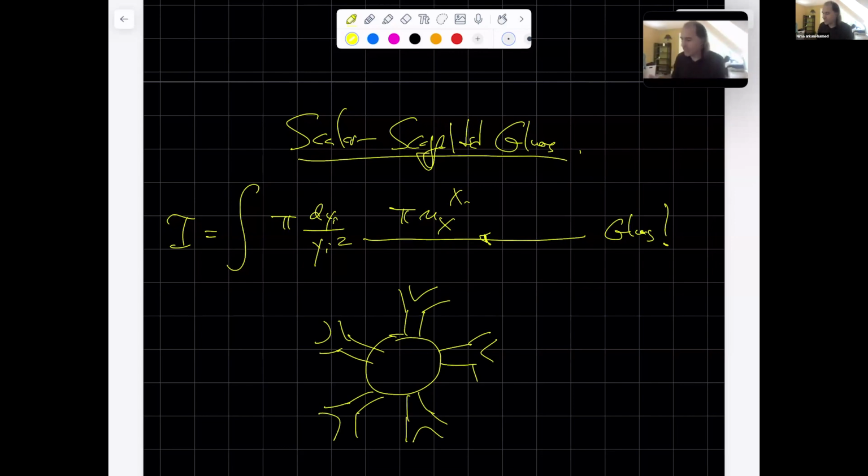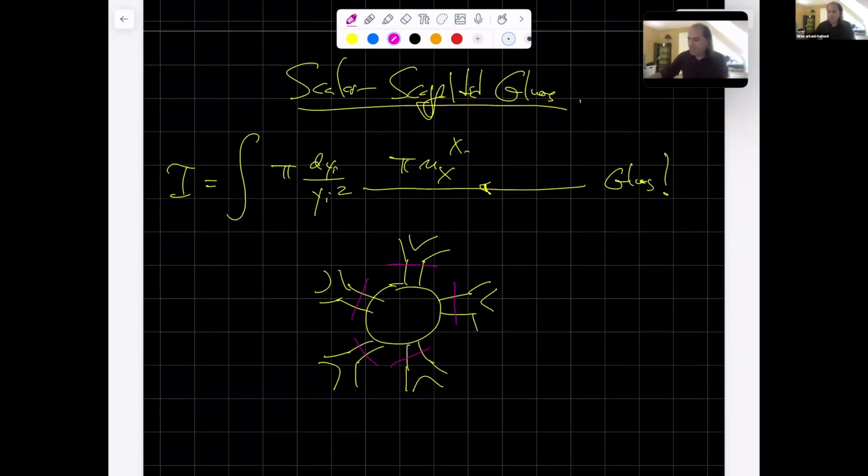Okay, so for this particular kind of triangulation, simply changing the measure from dy over y to dy over y squared gives us a description of gluons, where to see the gluons, we're supposed to go on the pole where we set all of these variables to 0, and we physically think about that as the scalars on the outside producing gluons on the inside. Okay. Now, in a sense, we're done. The claim is that this is giving us gluons at all loop orders.